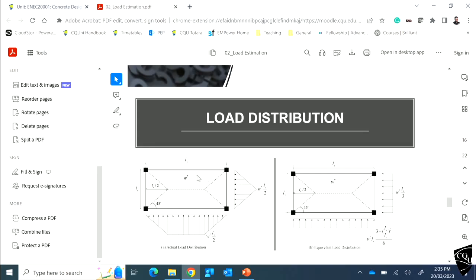W is this one, Lx is the smallest, this one. The maximum varies from 0 to maximum. But here it is not Lx by 2, it is Lx by 3, 1/3. But it is the same from here to there. Similarly, here we have quite a different distribution.